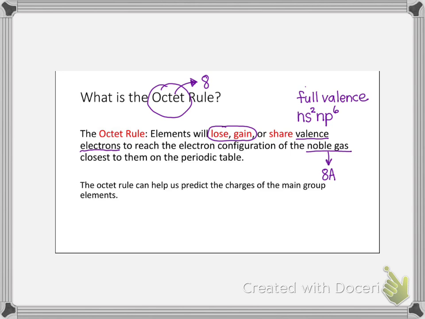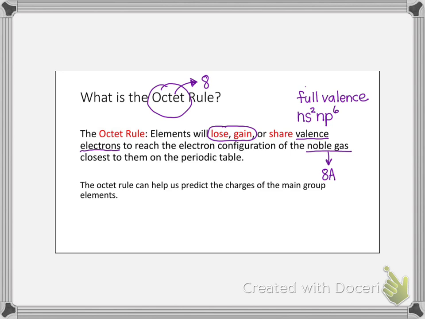It only can go up to 2 because it doesn't have any p orbitals. But for helium, that is completely full. So all of the noble gases, including helium, have full valence, but it's the ones from the second period down that have the 8. And that's where the octet comes in.